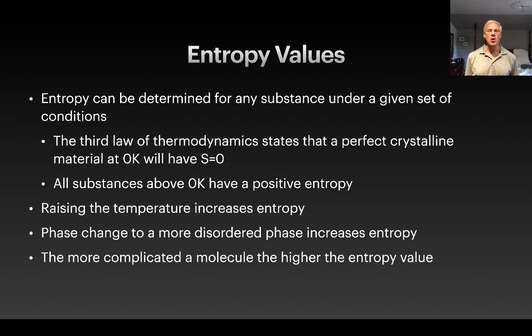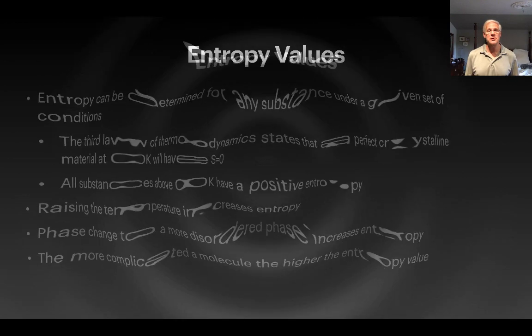And then if you have a molecule that becomes more complex, the higher the entropy value would be. And that's a very important point there, because it means that you can actually have liquids that have a higher entropy than some gases. If you have a very simple gas, something like H2, it can actually have a lower entropy than a liquid if that liquid has a very complex makeup. So because that more complex molecule adds a lot of entropy in its possible disorderedness.